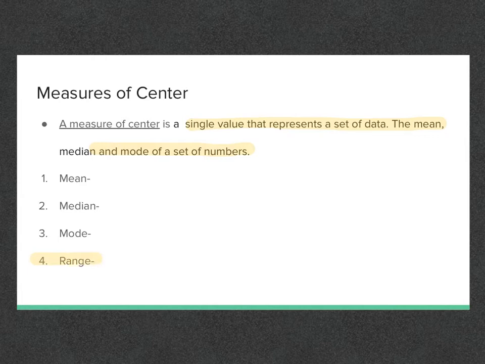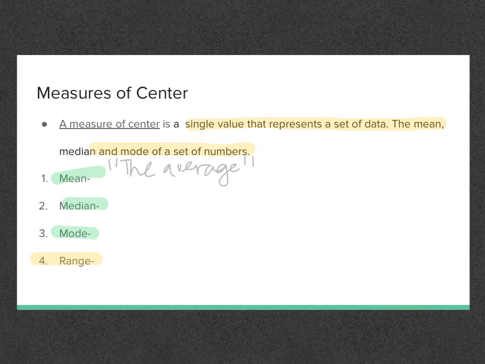We usually refer to our measures of center as this mean, median, mode type deal. So if we're talking about the mean, our mean is actually going to be what we refer as the average. So our mean is going to be the average value of our data set.